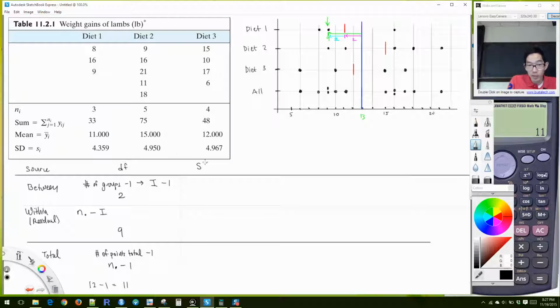Our sum of squares. Over here, we've established that the between sum of squares is n times y bar minus y double bar squared.